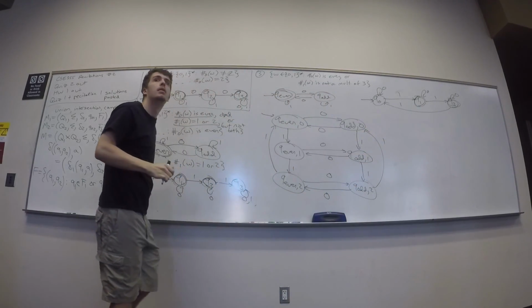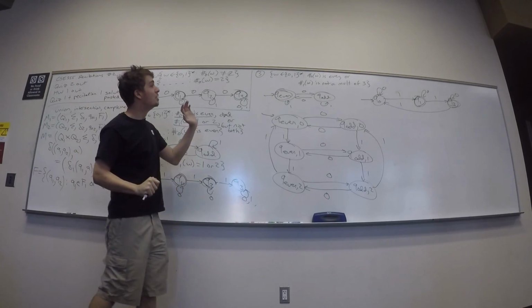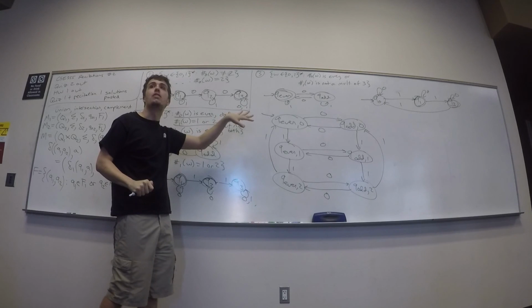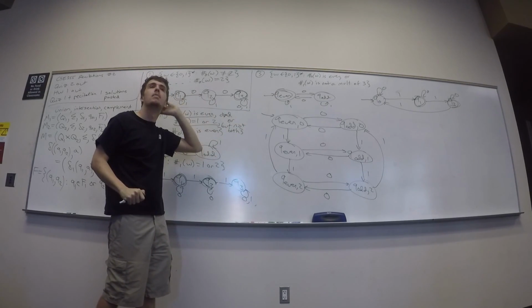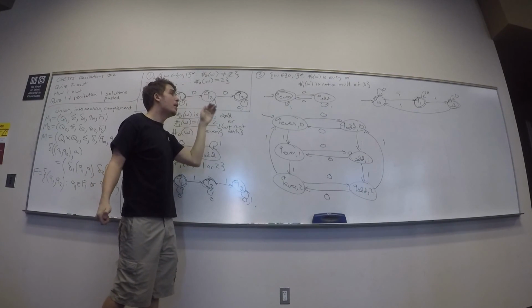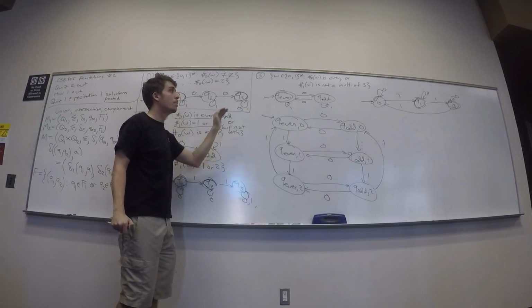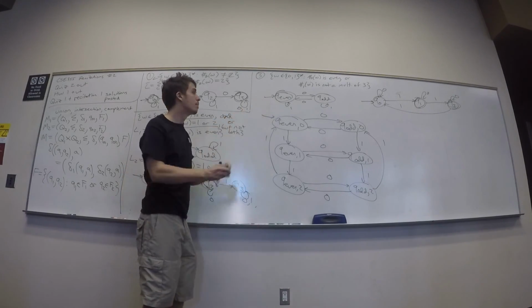Am I done? Final state. I sure can't tell when I'm done, right? So, how do I actually find out what the final states are here? Well, what operation are we doing? Union, right? So, how do I find out what the final states are? Any state that has even in it, make it final.